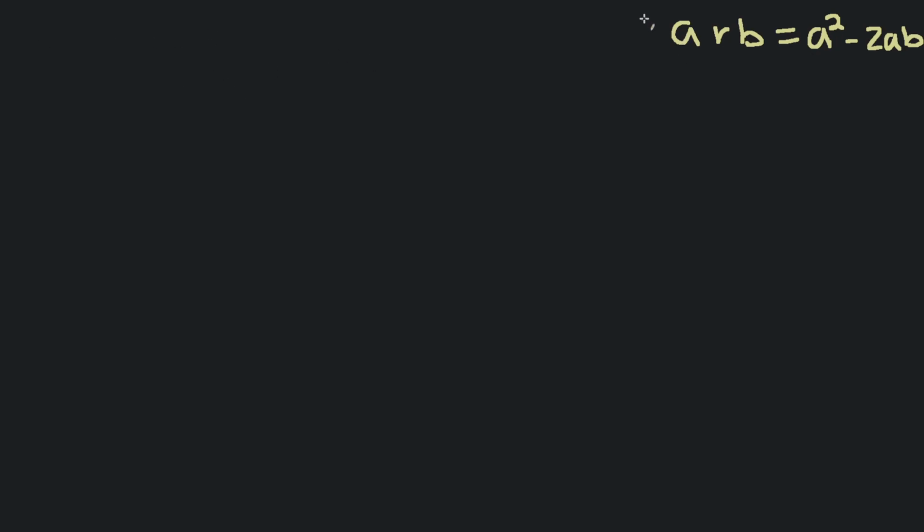Okay, and I'm going to separate that with some squigglies. So let's look at our equation now. We need to find 2 ⊗ (3 ⊗ 4).